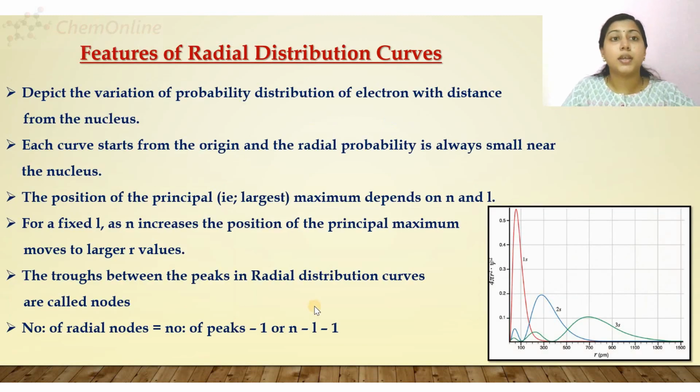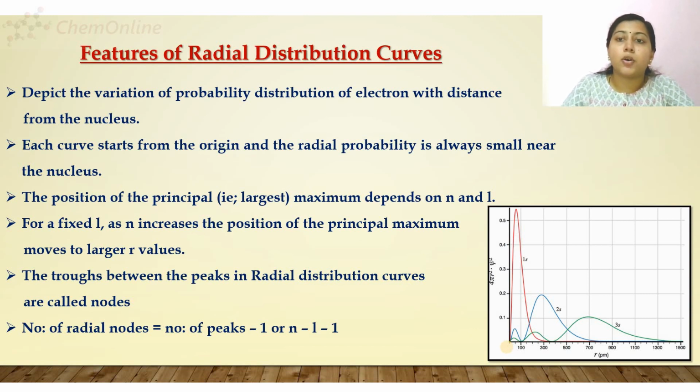Now let's see what are the important features of radial distribution curves. We have seen that the radial distribution curves depict the variation of probability distribution of an electron with distance from the nucleus. Each curve starts from the origin and the radial probability is always small near the nucleus.